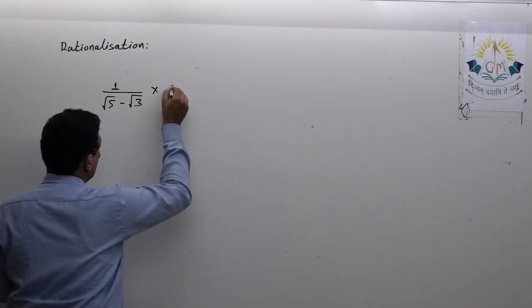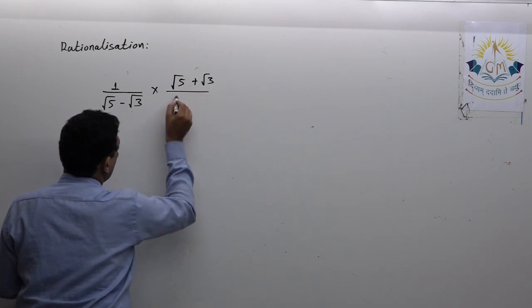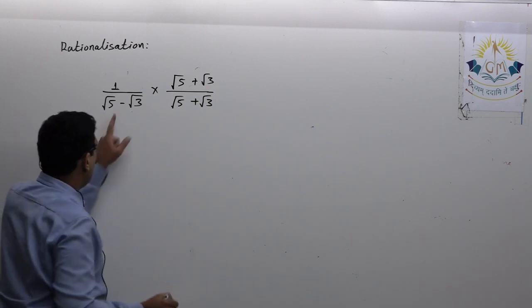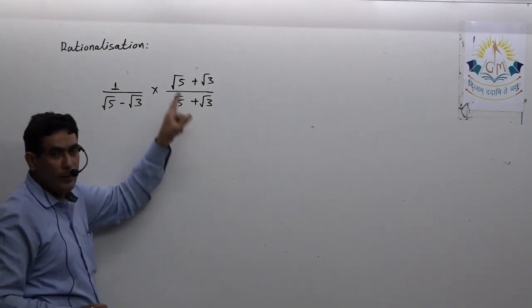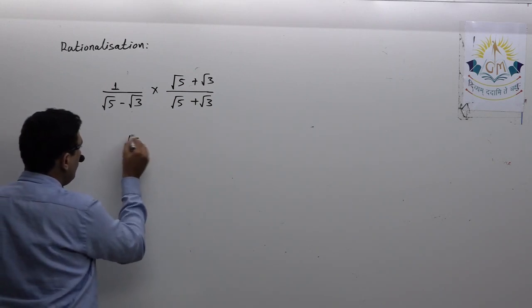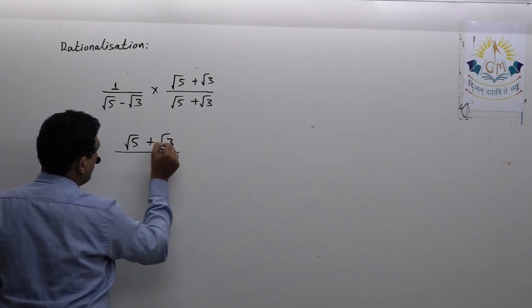So here we'll multiply the numerator and the denominator by the conjugate of the denominator. Here it is root 5 minus root 3, so I will multiply by root 5 plus root 3. The numerator remains the same because 1 multiplied by root 5 plus root 3 is the same.